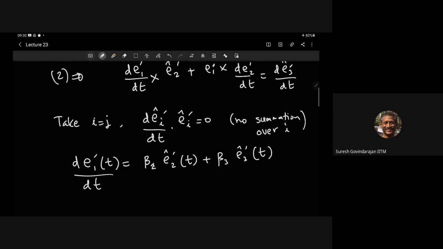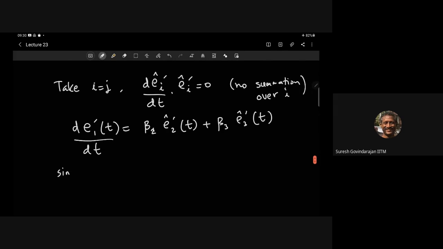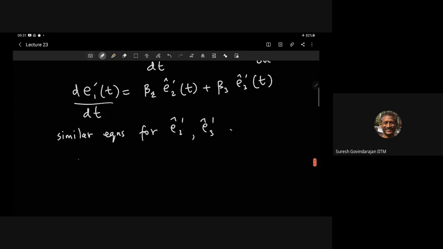Beta 2 and beta 3 are not constants; they can vary with time. And similar equations hold for e_2 prime and e_3 prime. So how many coefficients will we have? We'll have 6 free coefficients.